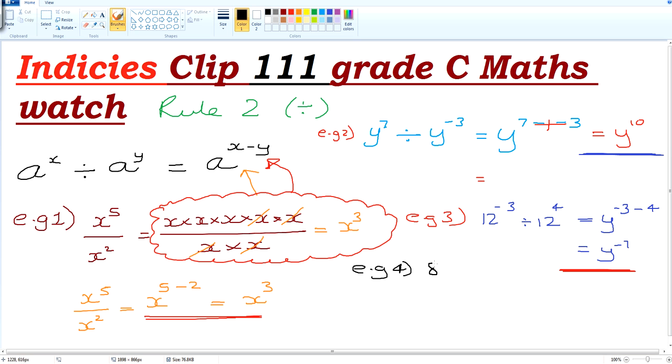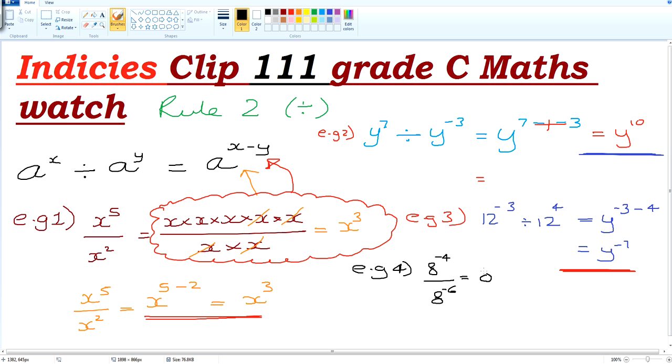We have a to the power of minus 4 divided by a to the power of minus 4. Let's change the minus 4 into minus 6.